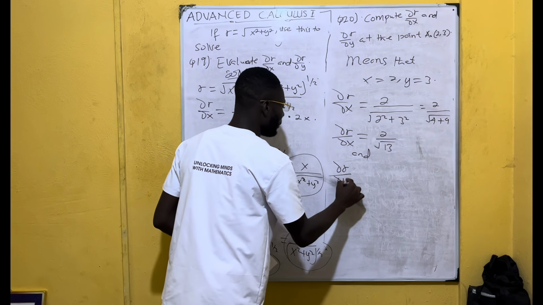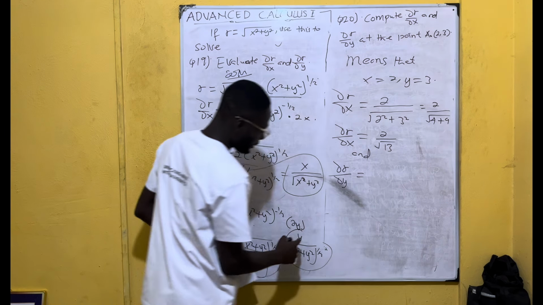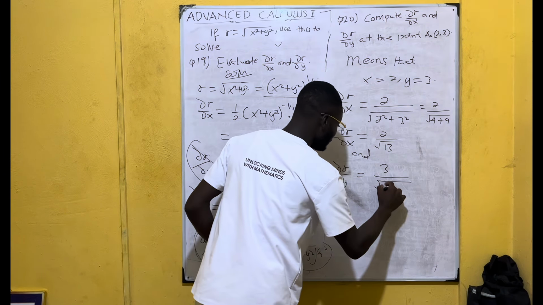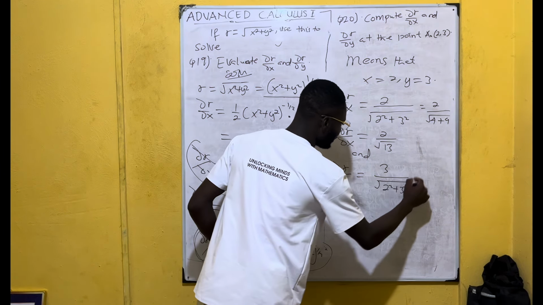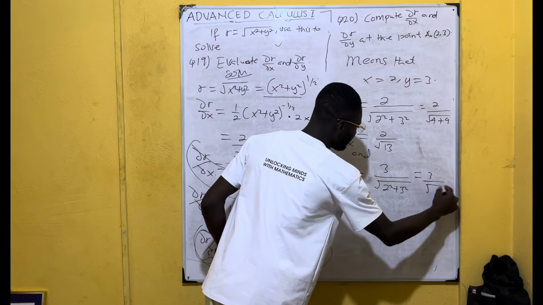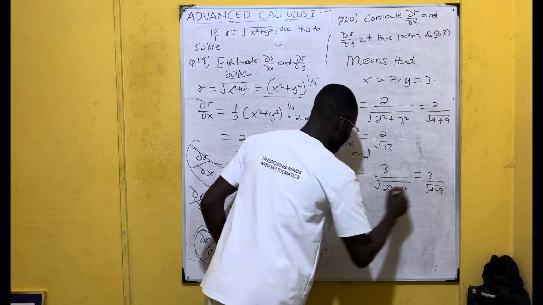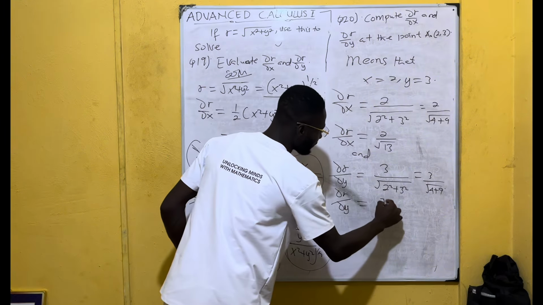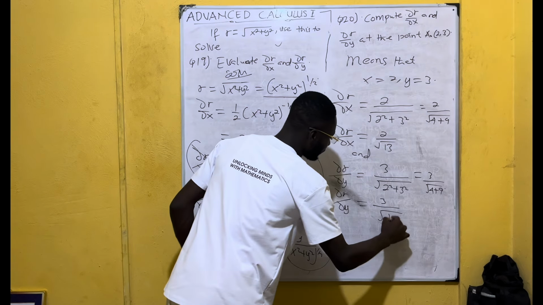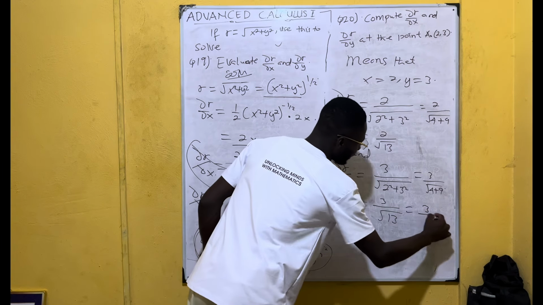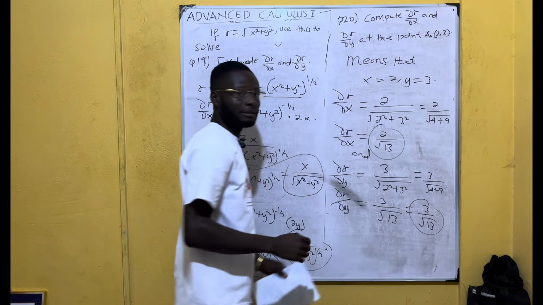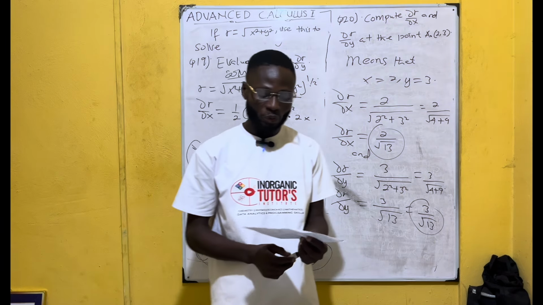And then the partial with respect to y will give us 3 divided by the square root of 2 squared plus 3 squared, and that will give us 3 over the square root of 4 plus 9. So the partial with respect to y will give us 3 over the square root of 13.